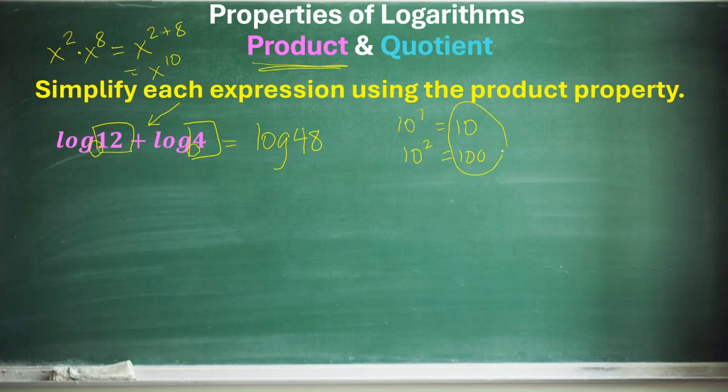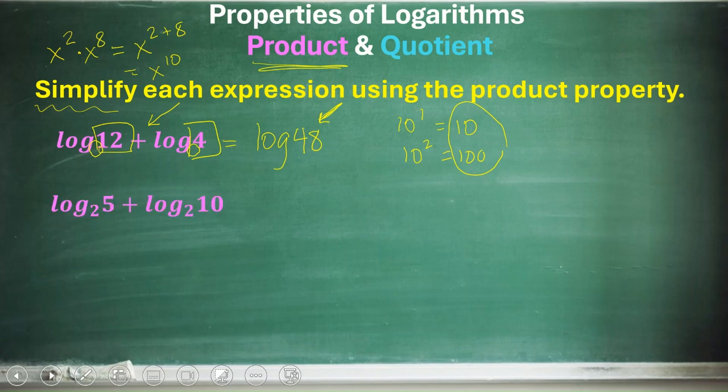I know that 48, that's what we're taking the log of, falls somewhere between 10 and 100, which means when I put log of 48 into my calculator, I'm going to get a value between the numbers 1 and 2. I'm not going to do that right now, but just mathematically getting our number sense in place, I know that is what this is going to yield. Since we're simplifying, we're not going to give a decimal answer, but that's what is actually happening here.